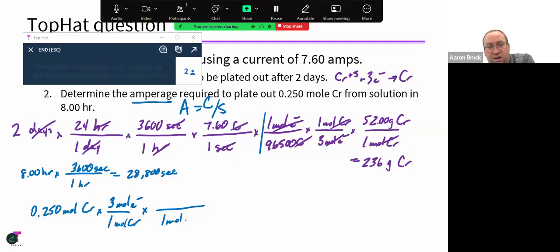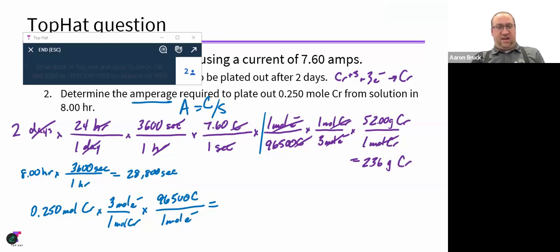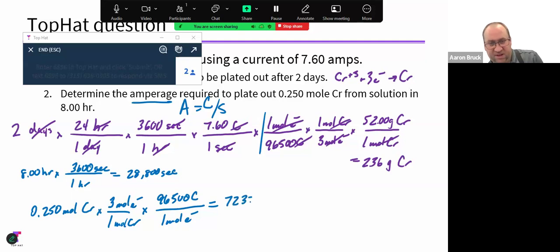And 1 mole of electrons is 96,500 coulombs. So the number of coulombs necessary is 0.25 times 3 times 96,500. Now, I'm not going to round this number because I don't want to introduce rounding errors twice. So I'm going to leave this one intact, 72,375.